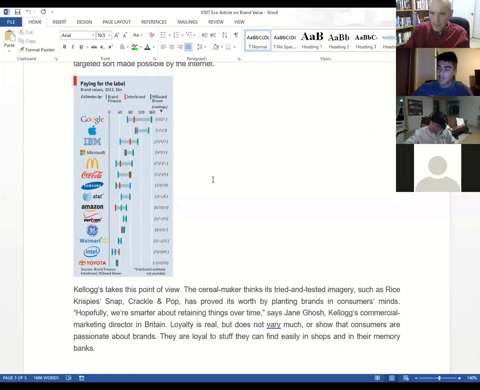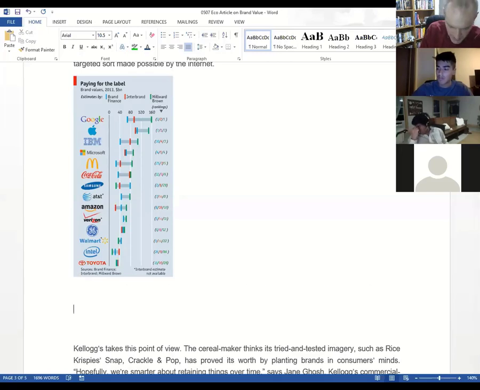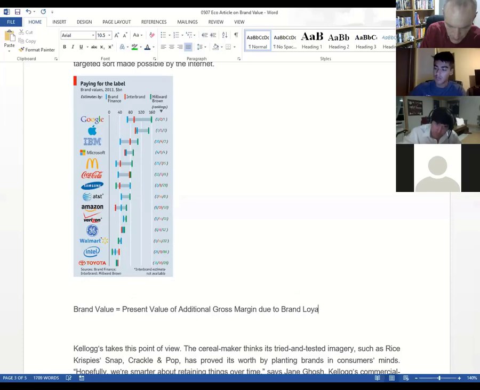Let me type it out since I'm in here in Word, because I didn't actually say it completely. So it's actually brand value equals the present value of the additional gross margin due to brand loyalty.